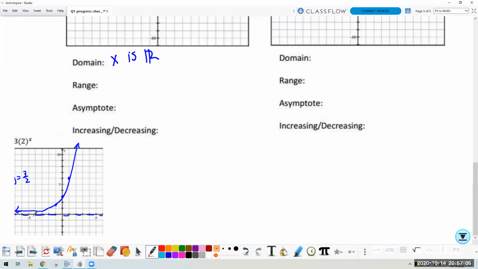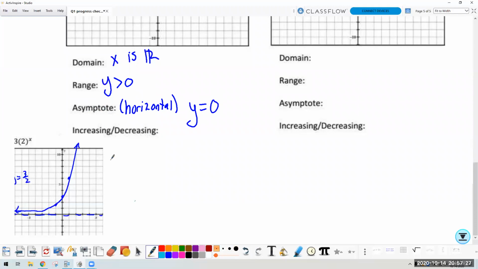My range, I only have values higher than my asymptote. I get really, really close, teeny, teeny decimals, and then go up in the y. So y is greater than 0. My horizontal asymptote is the line y equals 0.